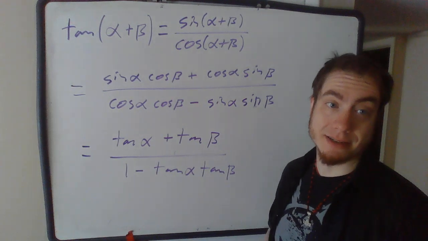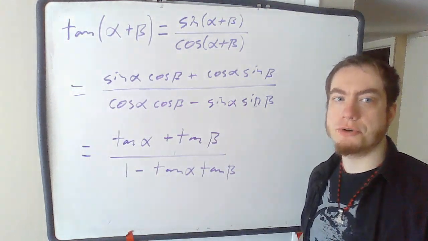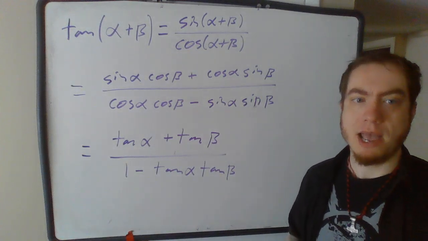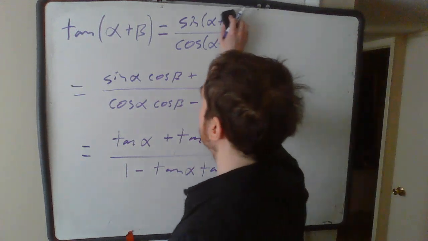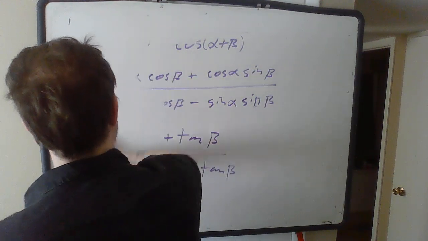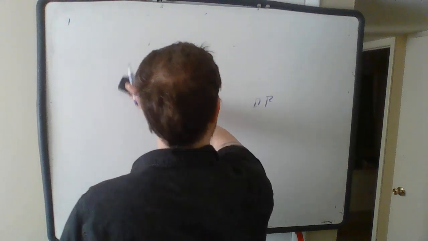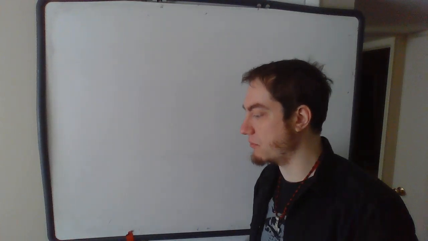For example, in calculus, all you really need are the sine and cosine identities, and then you can get everything else from general principles based on how these things are defined in terms of sine and cosine. But you can work out these kinds of identities for cosecant, for secant, and so on. Cotangent as well.